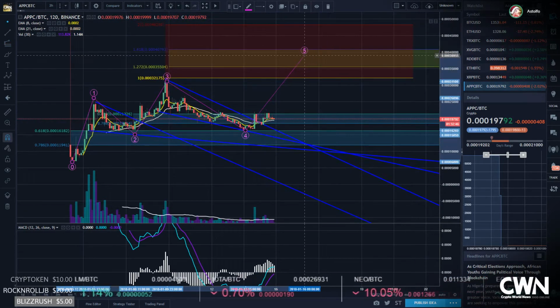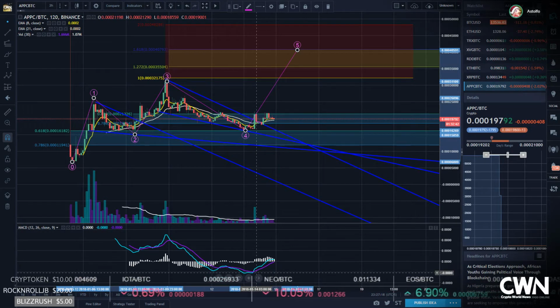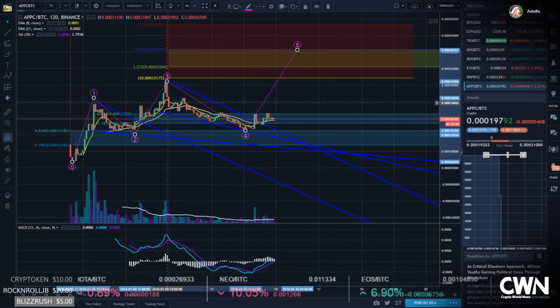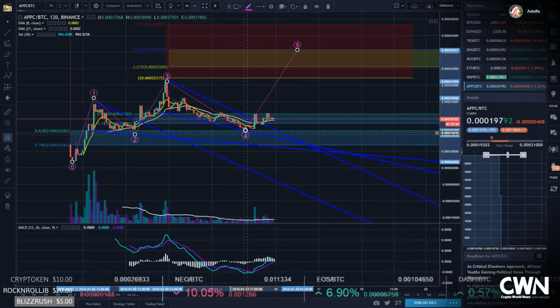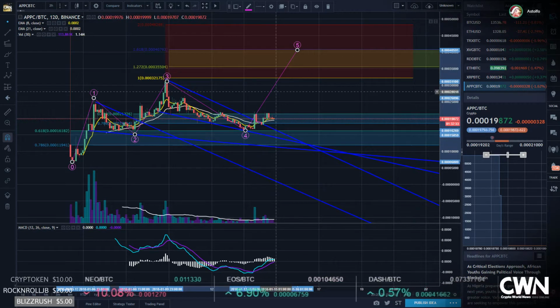So that looks like a good zone for top of wave 5. This looks pretty good. Definitely looks like a long flat here for wave 4. A couple of triangles. Wave 2 and wave 4 look like triangles here.